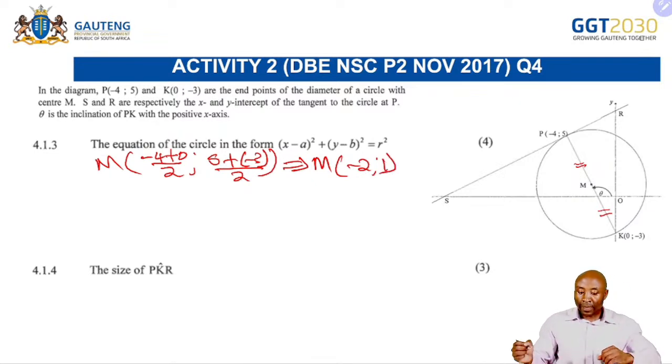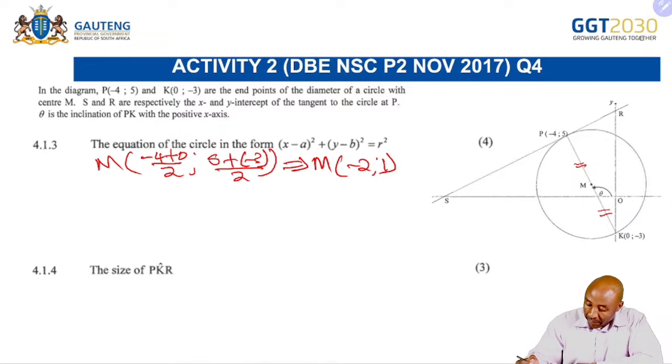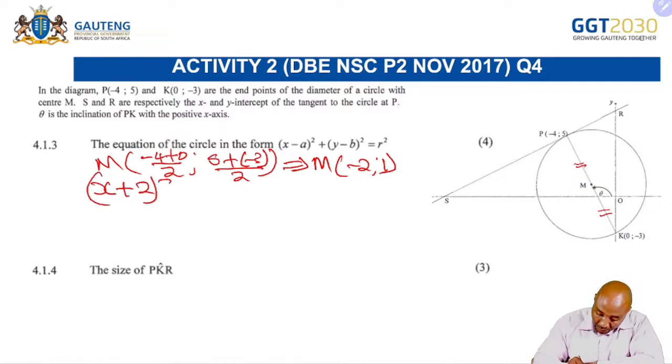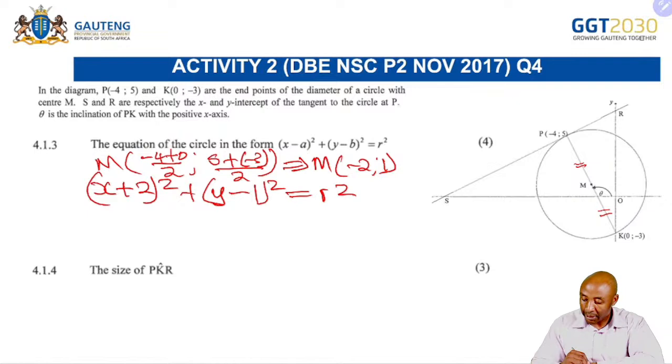And then from there on, I have the values of a and b. I'm short of the radius, so I can substitute. So x minus -2 becomes x plus 2 squared, plus y, my b is 1, I'm substituting, I square that one, is equal to r squared.